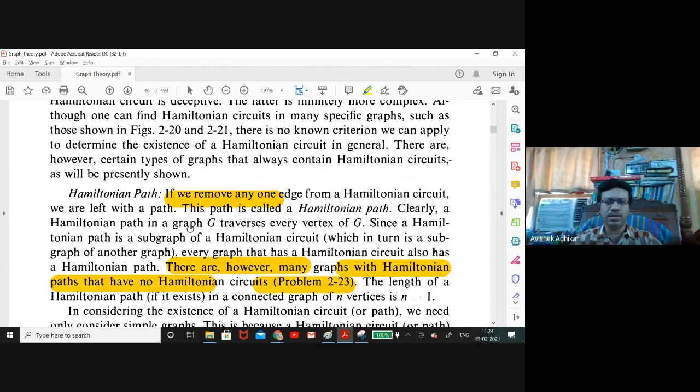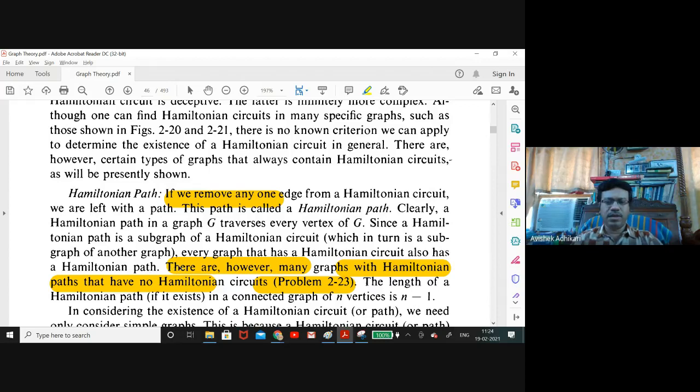Clearly, a Hamiltonian path in a graph G traverses every vertex of G. Since a Hamiltonian path is a subgraph of a Hamiltonian circuit, every graph that has a Hamiltonian circuit also has a Hamiltonian path.